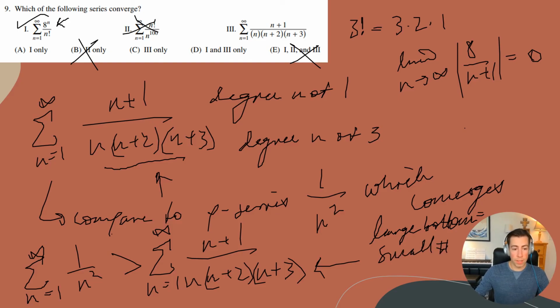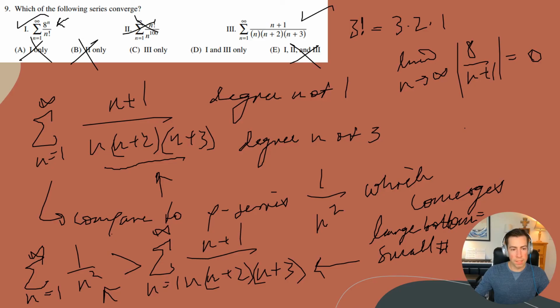For all values of n, this one's always going to be greater. If this one converges, it logically follows that the one that's smaller has to converge, because it's always going to be smaller. So by the direct comparison test, this one should converge.